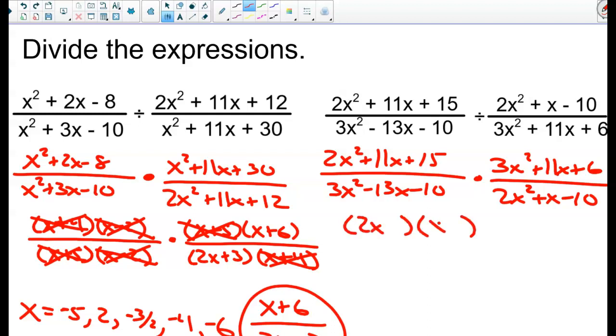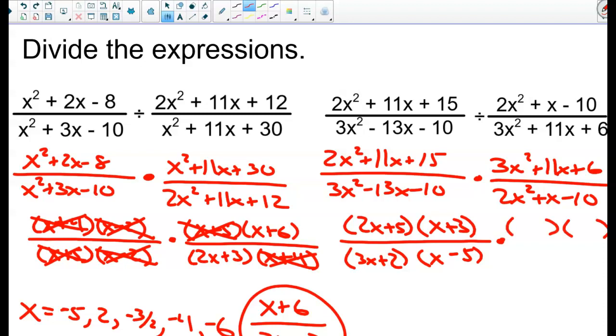2x and x. I'm going to put the 5 here and the 3 here. On the bottom, it's going to be 3x and x. I'm going to put the 5 here plus 2 here. 3x and 2x is what I'll try first. Okay.